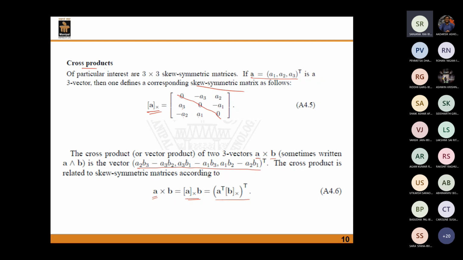When we discuss some methods later on, whenever we calculate the cross product, in order to simplify the computation, we find the corresponding skew symmetric matrix of one of the vectors and just multiply that with the other vector.